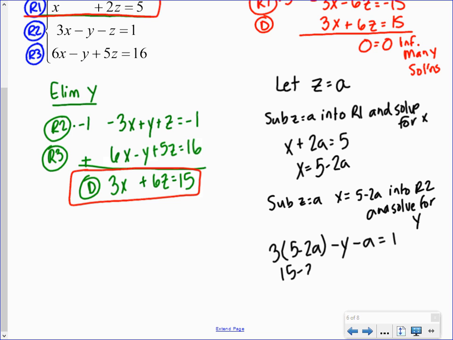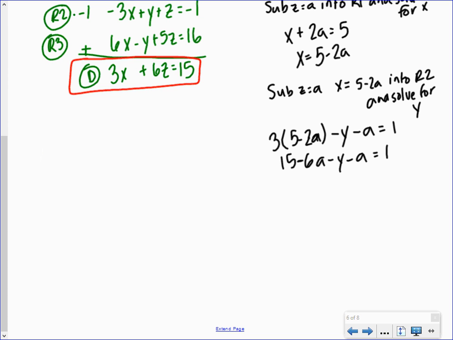15 minus 6a minus y minus a equals 1. I might combine my like terms, negative 7a minus y, and I'm going to move 15 to the other side, so I get negative 14.